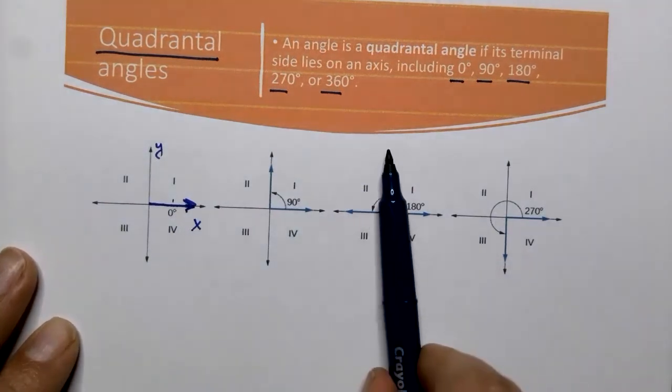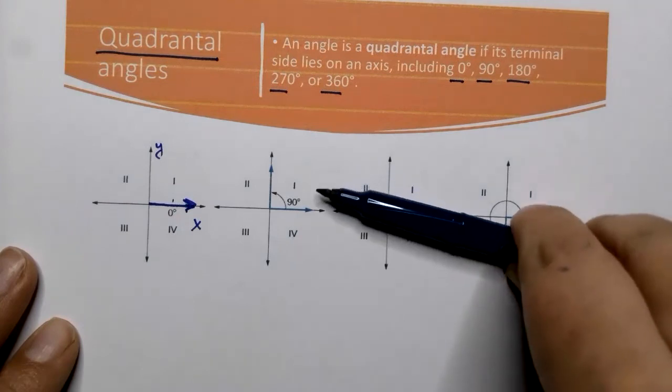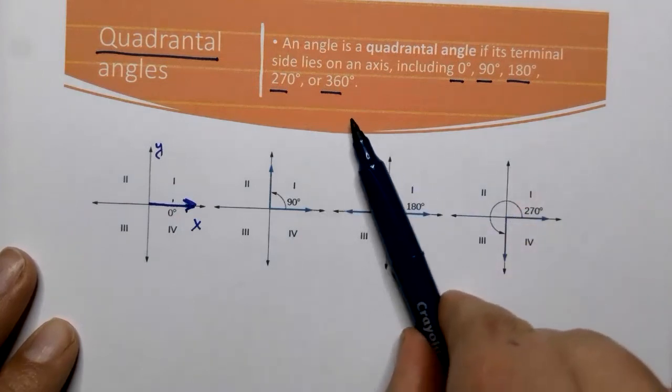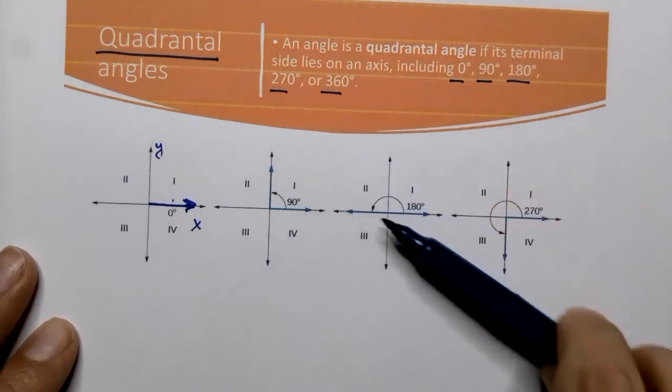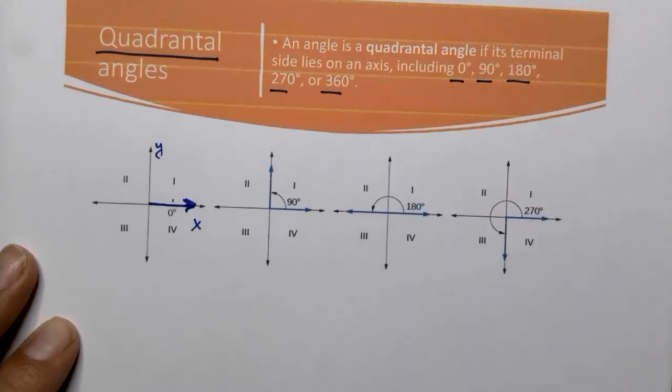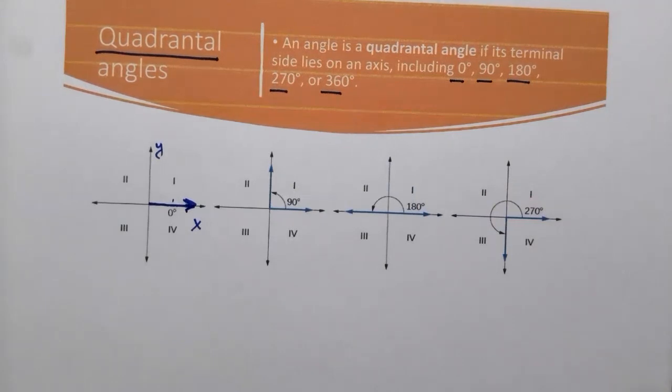That would be between 90 and 180 degrees. Any angle between 90 and 180 will end up in the second quadrant. And that's going to be important.